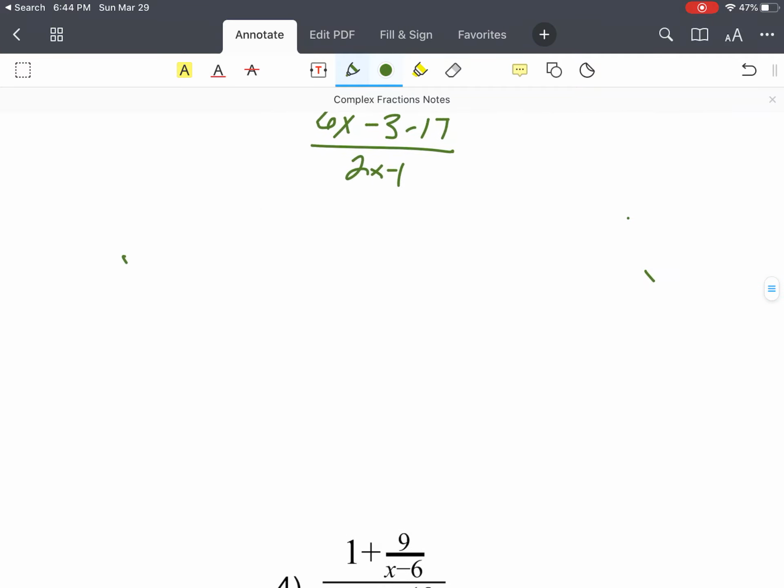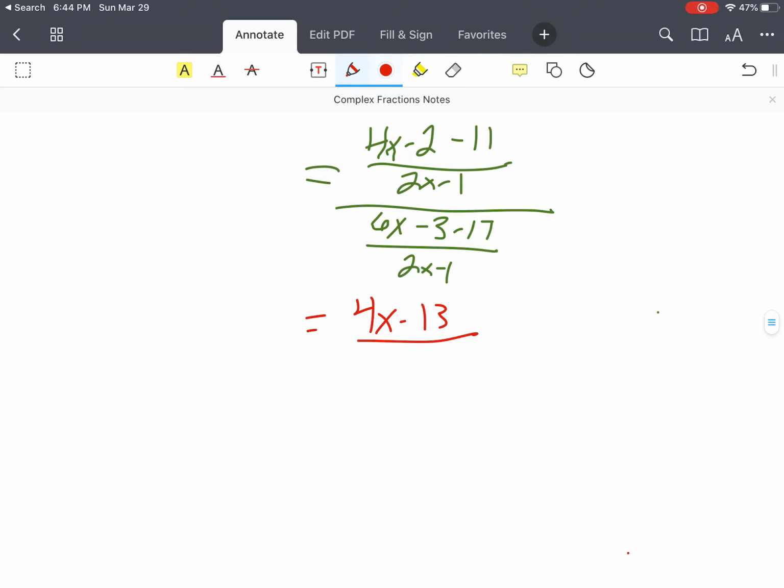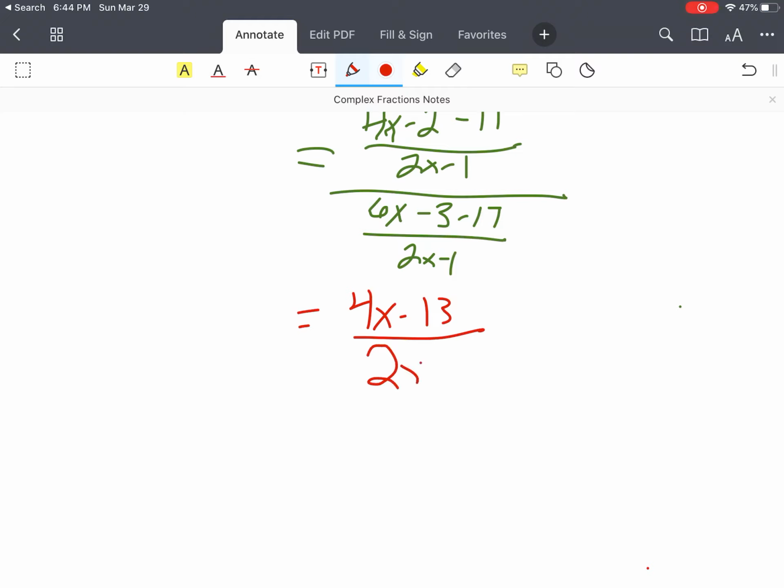All right, so I've got my top and my bottom both down to just one fraction. So when that happens, that's when it's time to leave, change, flip. So this is equal to 4x minus 13 over 2x minus 1, times 2x minus 1 over 6x minus 20.